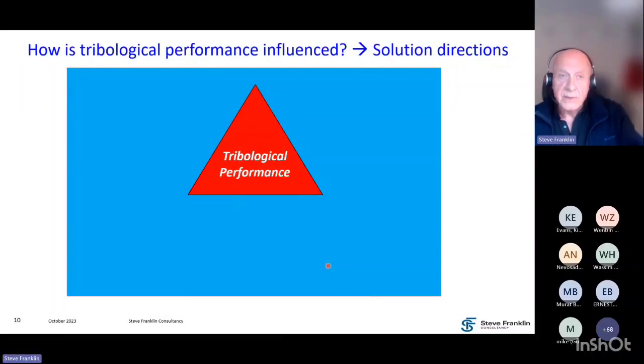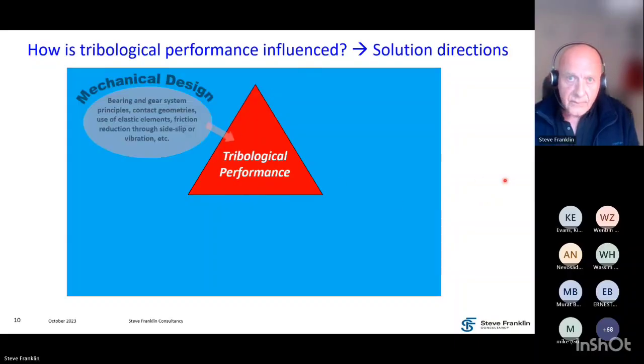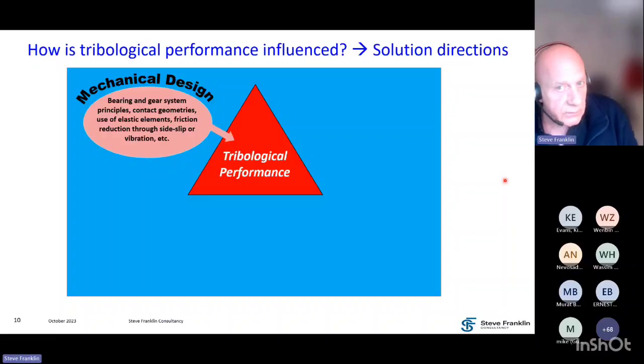So how can we influence all of that? How is the tribological performance influenced, and how can we point towards some solution directions? Well, if you think of tribological performance in the middle here, then we can influence that by a number of types of solution directions, and those are, first of all, in mechanical design.